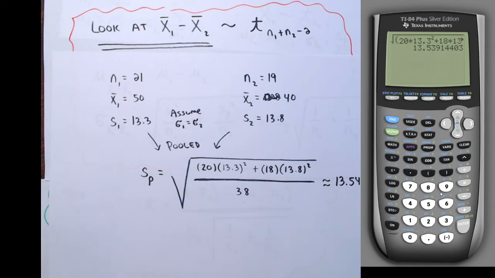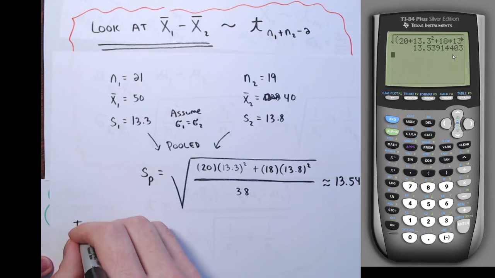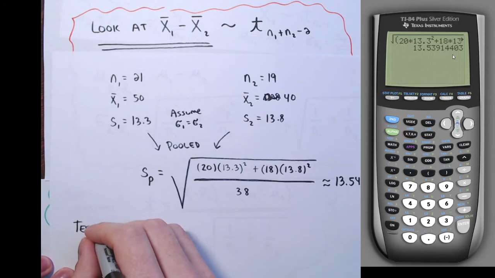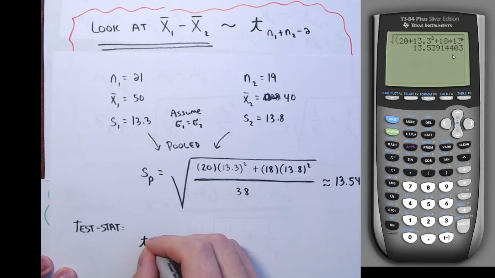Now, I'm just going to leave this number the way it is, because I'll use this full number in my next calculation of the test statistic. The test statistic for our two sample means is this t-score.